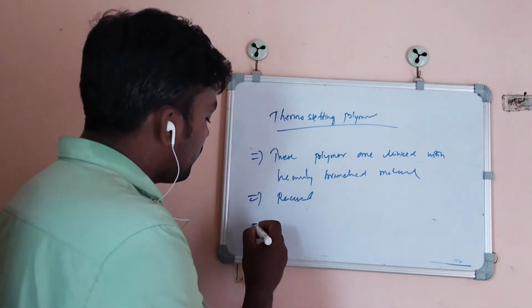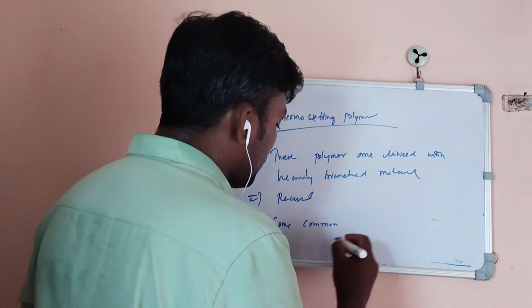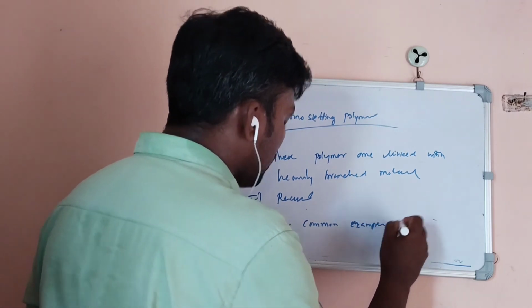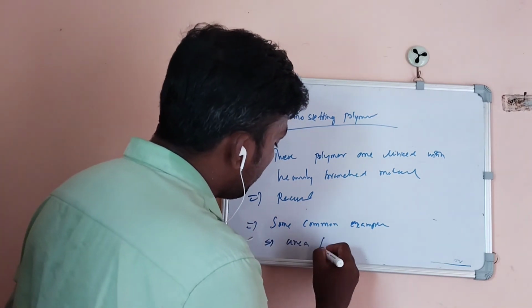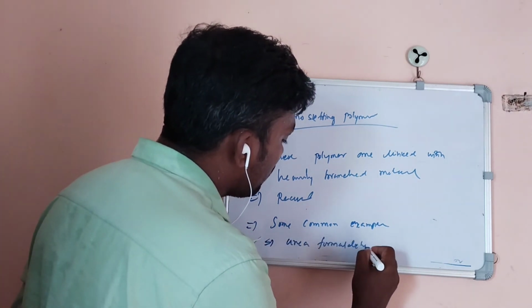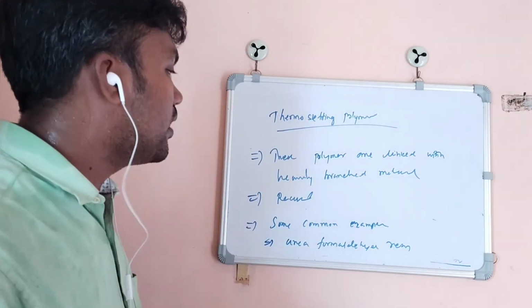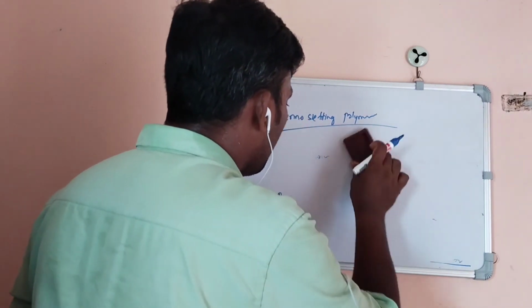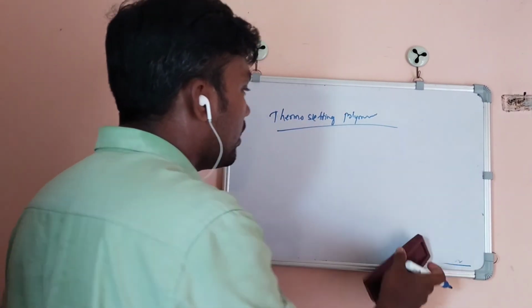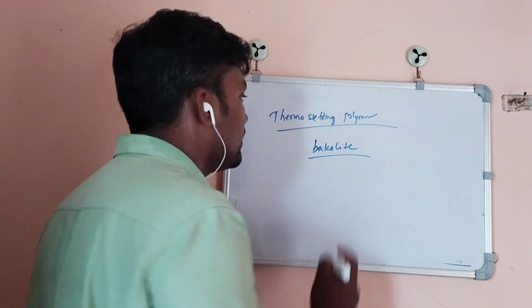These are some of the common examples for thermosetting polymers: urea formaldehyde resin and bakelite. What is the structure of bakelite?